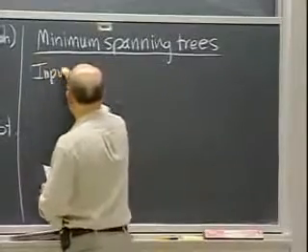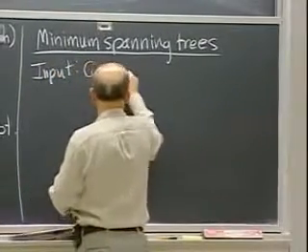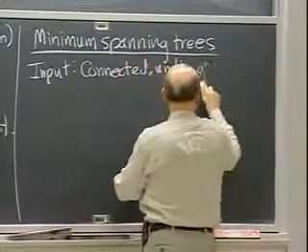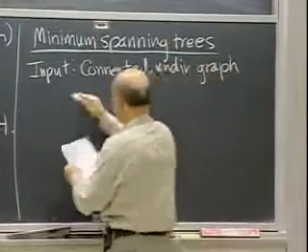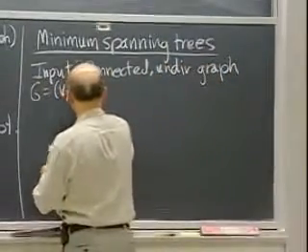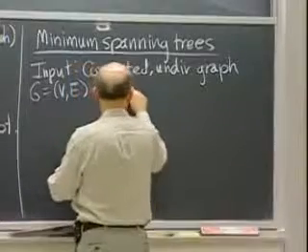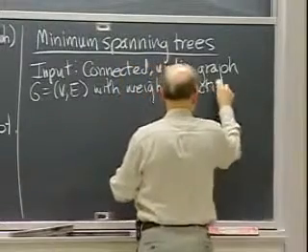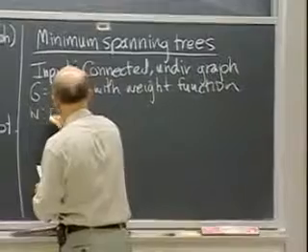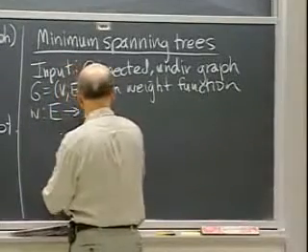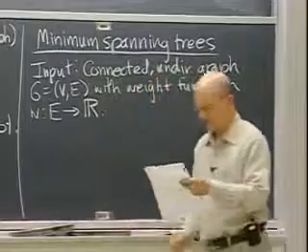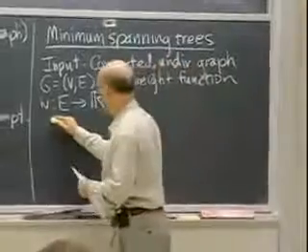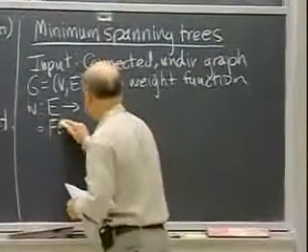So the problem is the following. You have a connected, undirected graph, G equals (V, E), with an edge weight function w, which maps the edges into weights that are real numbers. And for today's lecture, we're going to make an important assumption, for simplicity.